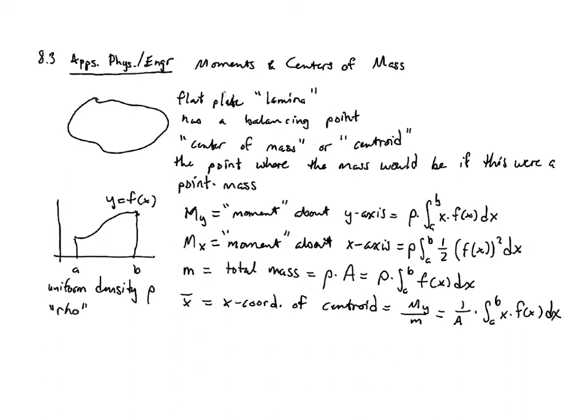So that comes from taking the formula for the moment, dividing by the formula for the total mass, and canceling the factor of rho.